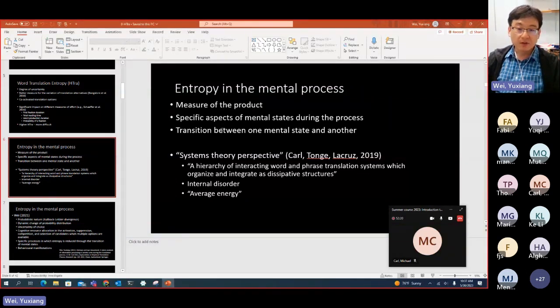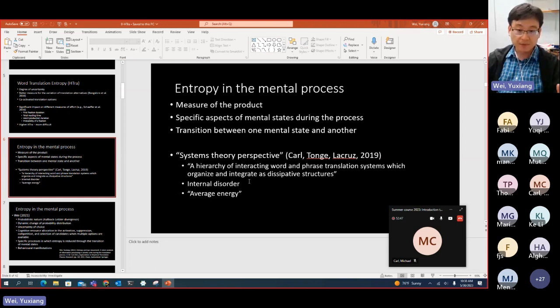An exception, however, is the systems theory perspective, published in 2019, which considers the process of translation as a hierarchy of interacting word and phrase translation systems, which organize and integrate as dissipative structures. From that perspective, entropy refers to the internal disorder of the system.